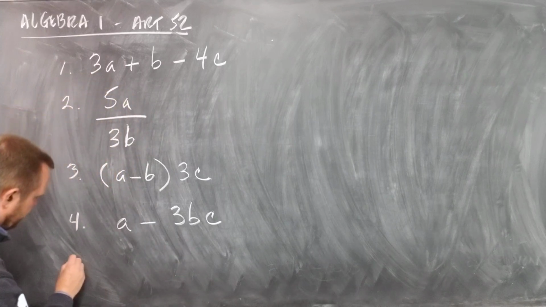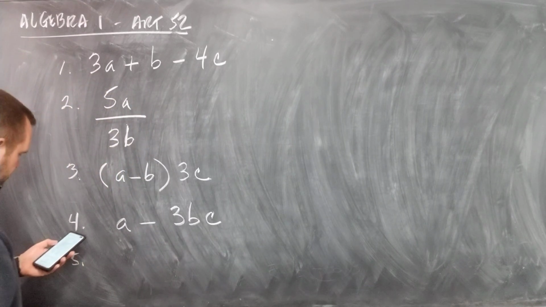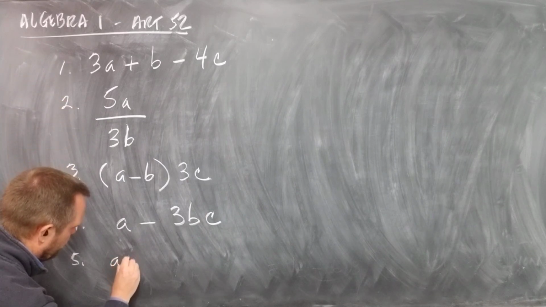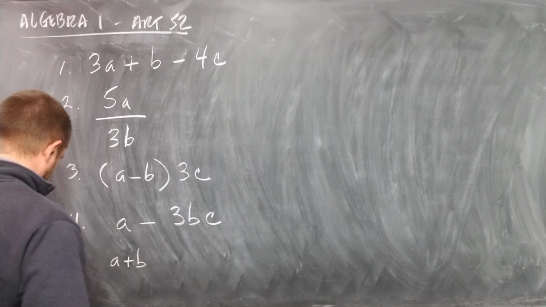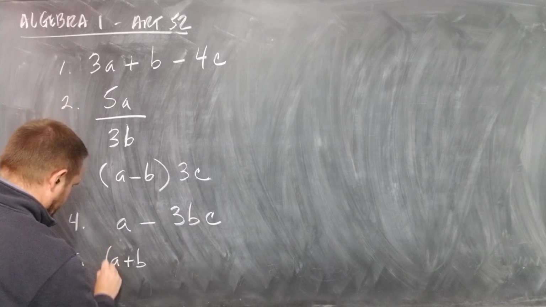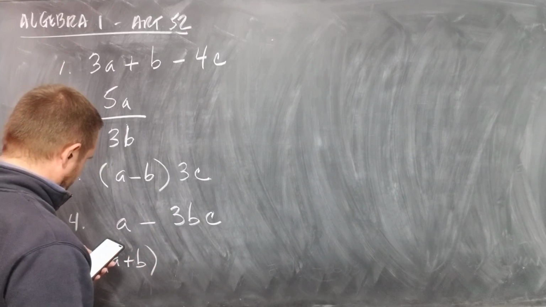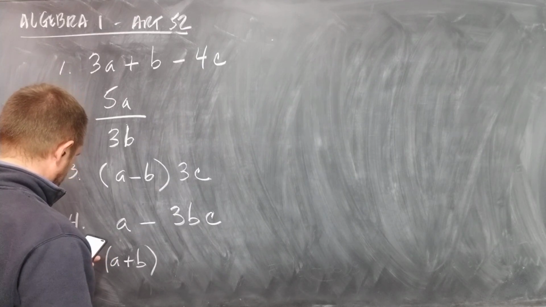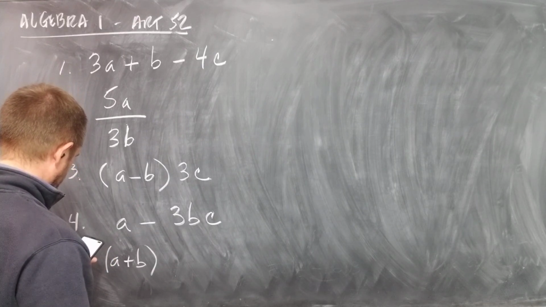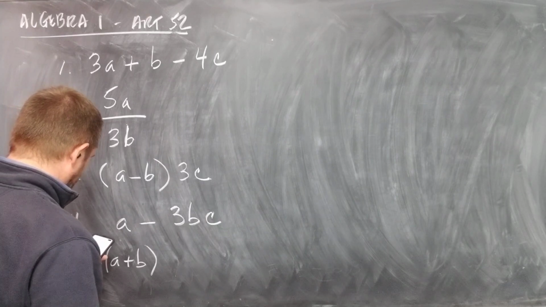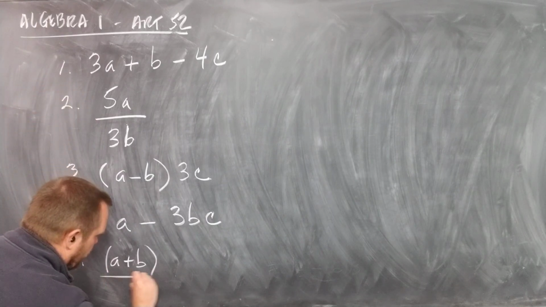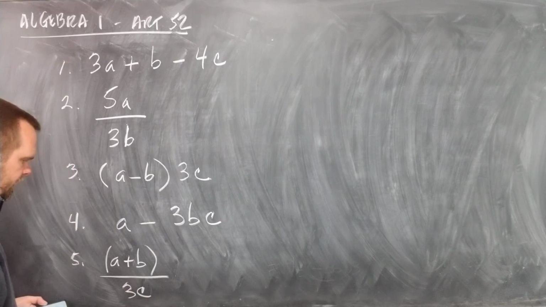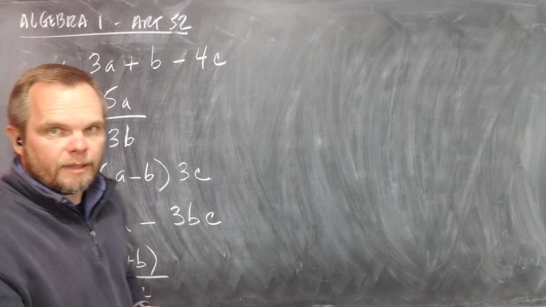I'll write it down here to save some space. Number 5. A plus B in parentheses, because it's separated by a comma, which marks a term, divided by 3C. A plus B divided by 3C. Hopefully that's not off the camera.